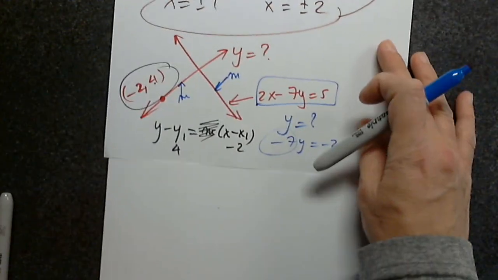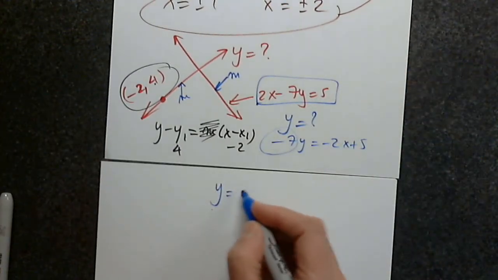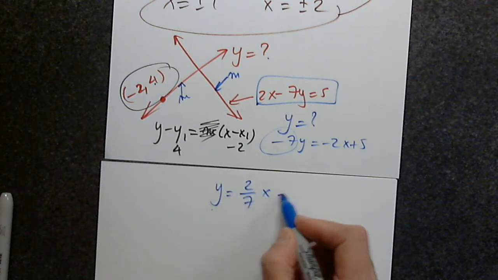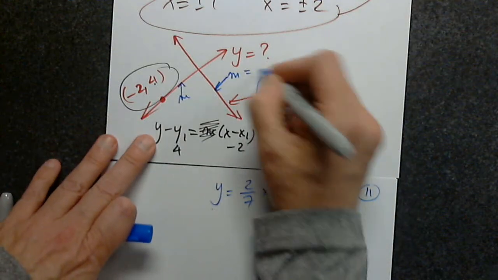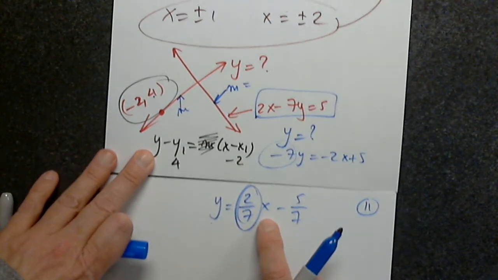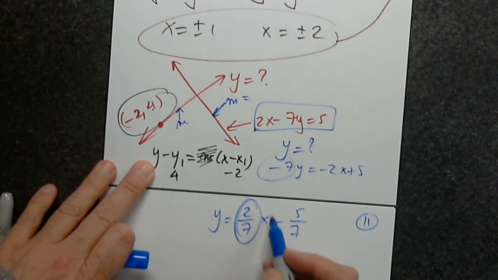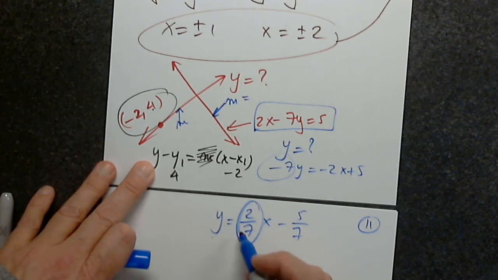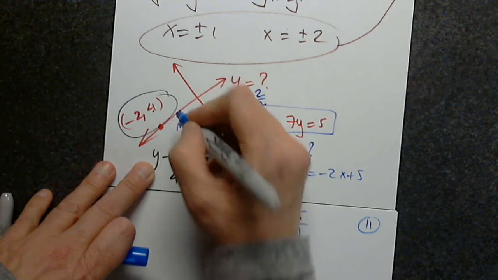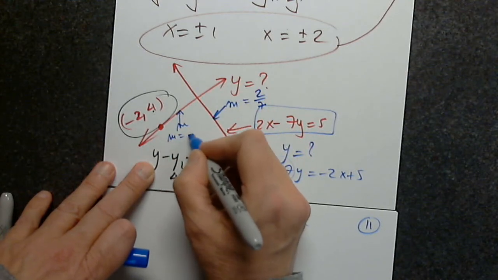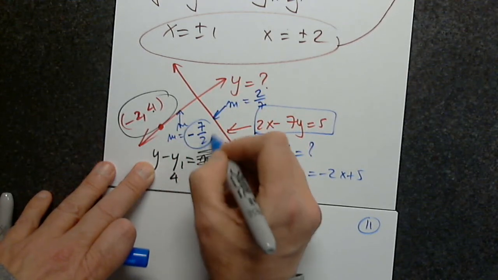So y equals 2 over 7 x minus 5 over 7. So now I have this slope. It has nothing to do with x. Please do not assume that the slope is 2, 7x. It's just 2 over 7. That's why this slope will be -7 over 2.